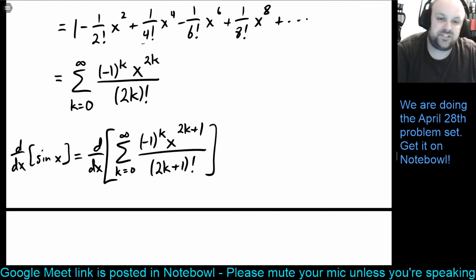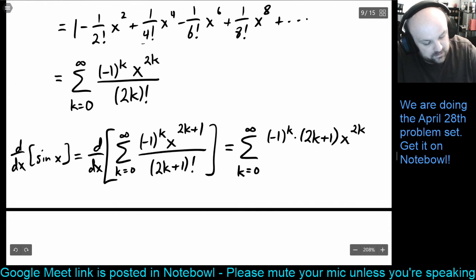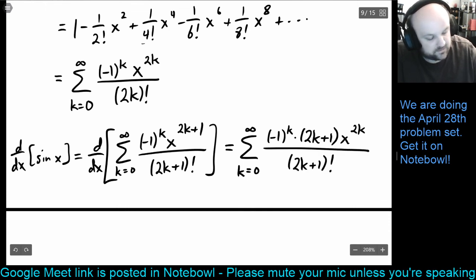And when we differentiate a power series, again, we can just differentiate term by term. So we get negative 1 to the k times 2k plus 1, x to the 2k over 2k plus 1 factorial.